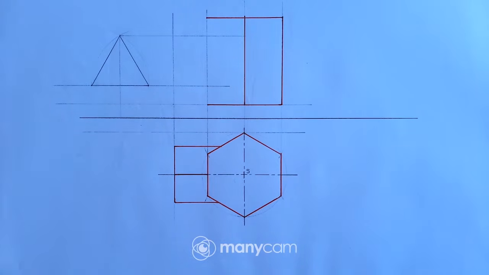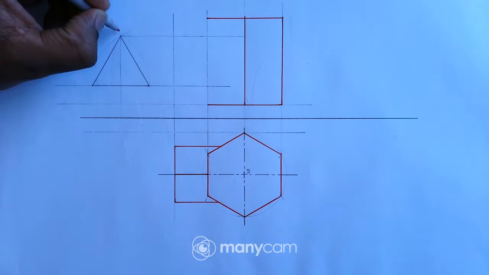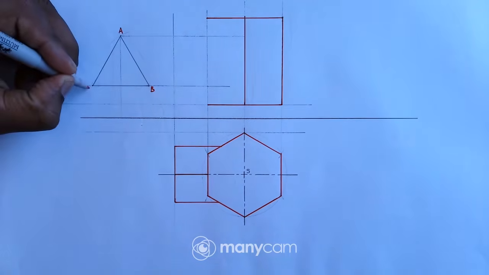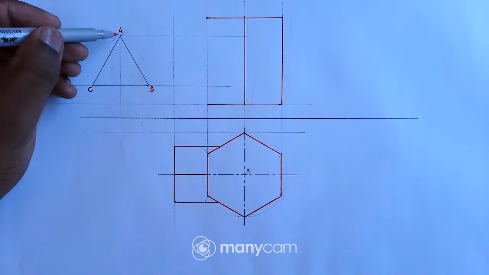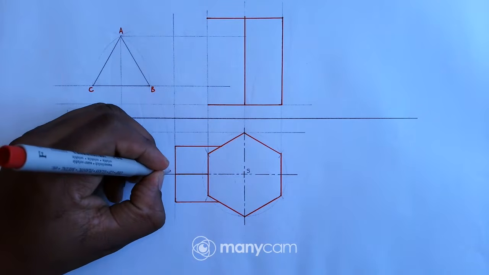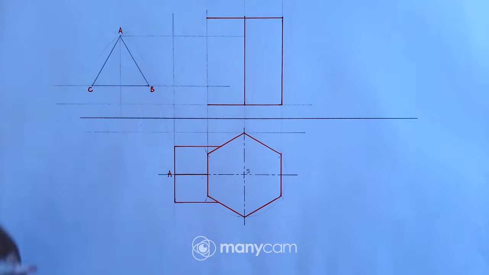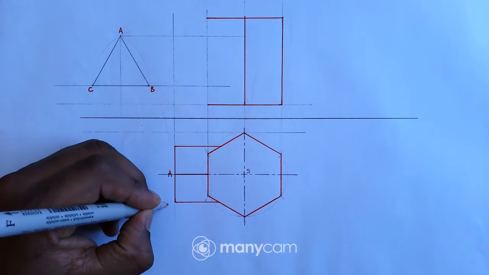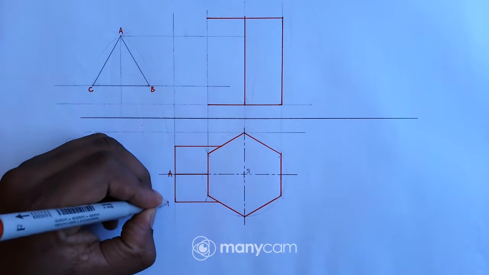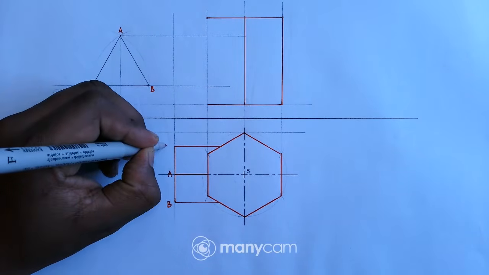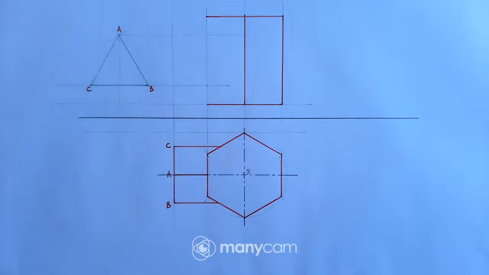Okay, so remember I have to label, so I'll just label here A, B, C. Alright, so this point here is A, so I'll just label the point A. Then we'll have B the side, and C the side.